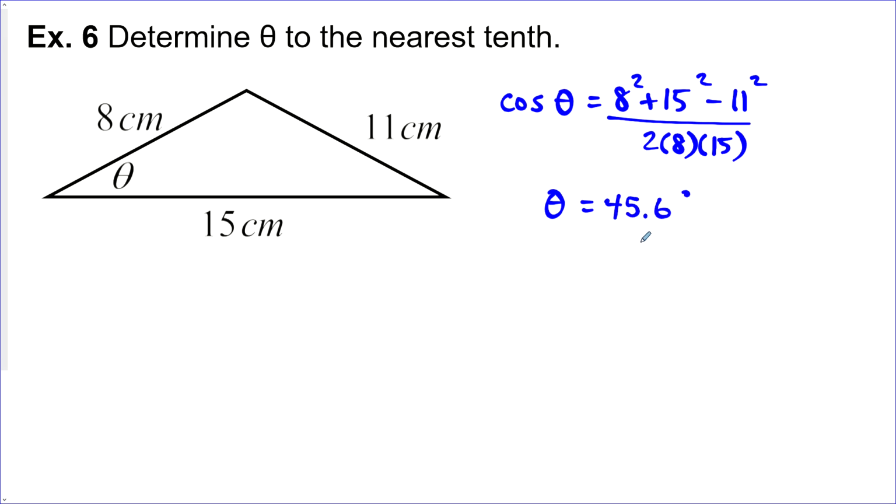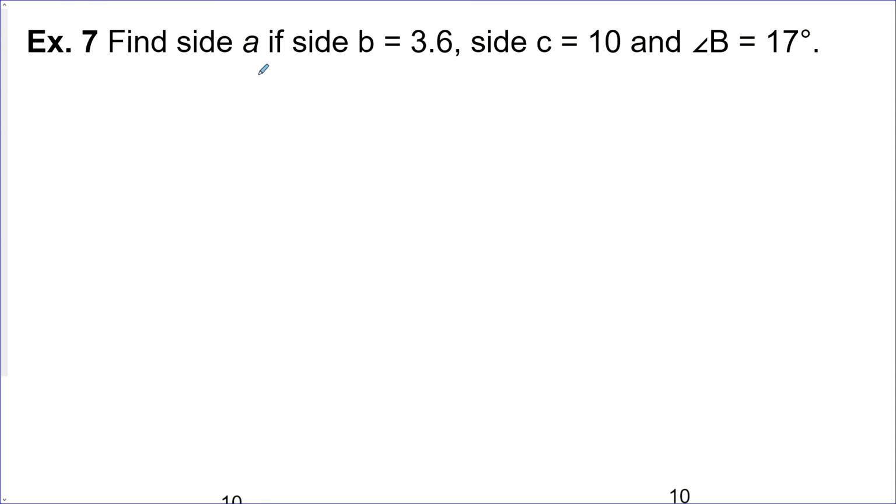Now we want to find side A here, and we're given side B, side C, and angle B. Now if you look carefully, this is a side, and an angle, and this angle is also acute. So if we were trying to do this using the sine law, then this might be that situation where it's ambiguous. But let's see what would happen if we did it with the cosine law. Now remember, this is the angle that I'm working with, angle B, so I have to set up my equation with side B by itself.